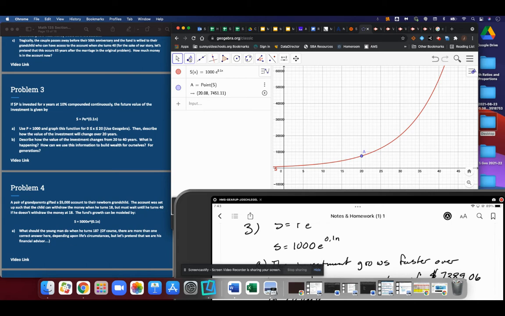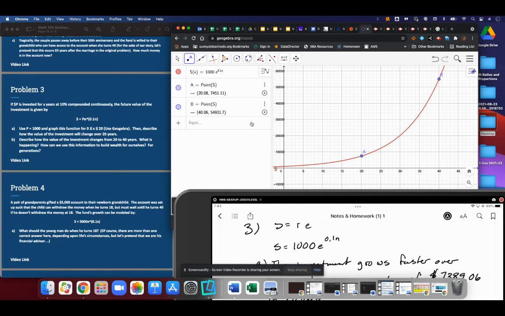Let's drop another point and take a look at what's going to happen in the time between 20 and 40 years. So it jumped to almost $55,000. That's pretty incredible. So we gained about $48,000 over the next 20 years. And so it was kind of slow getting going. The first 20 years, we only gained about $6,000.